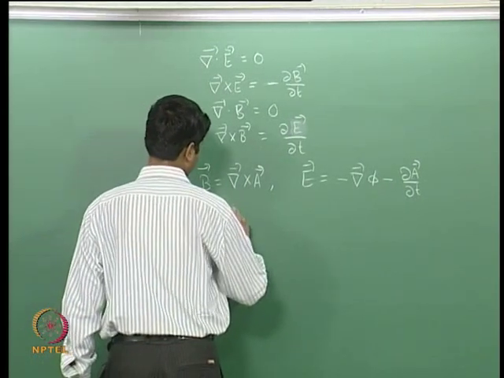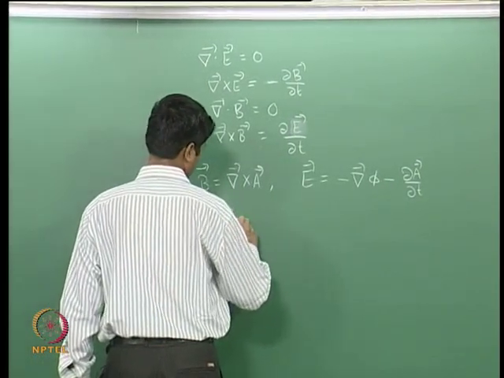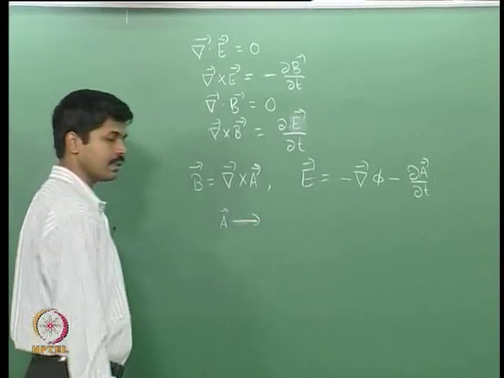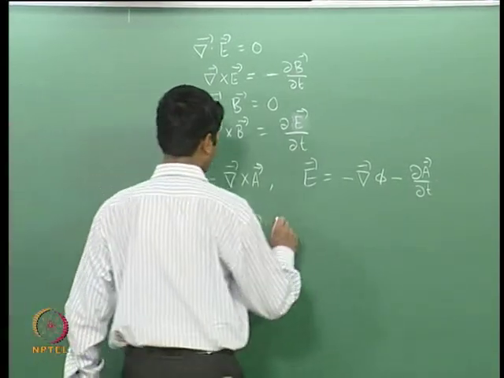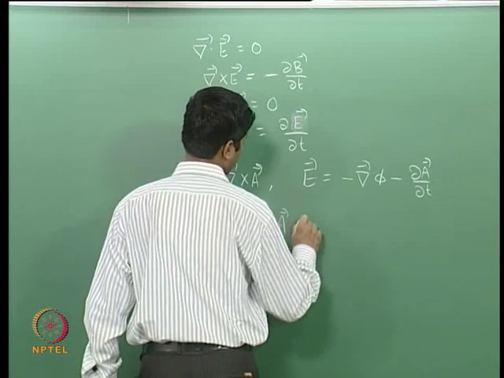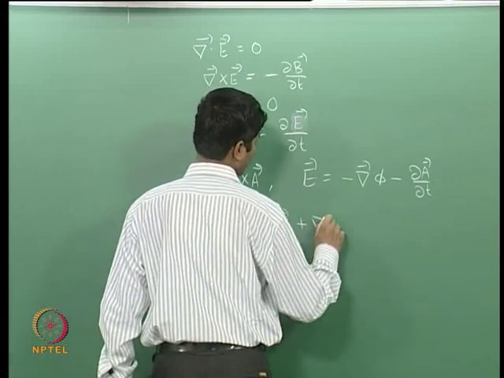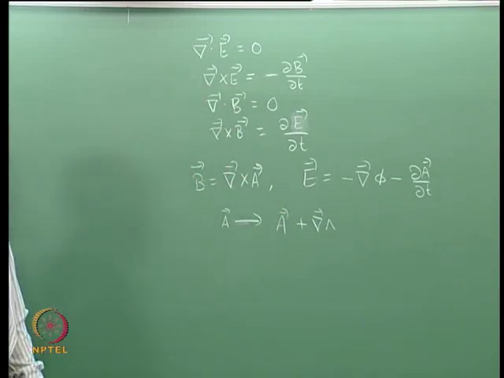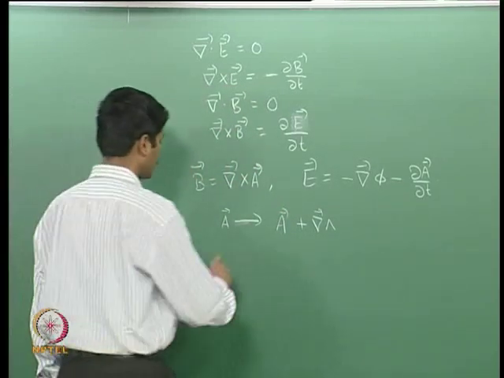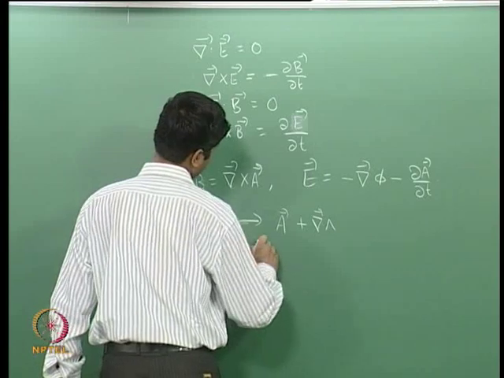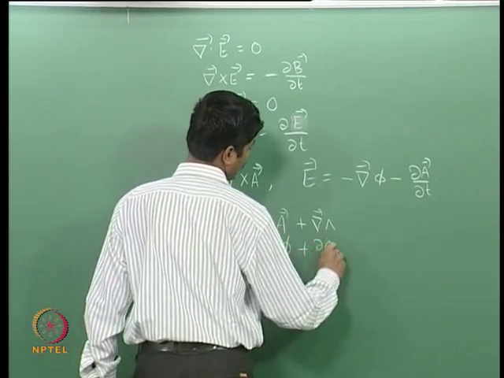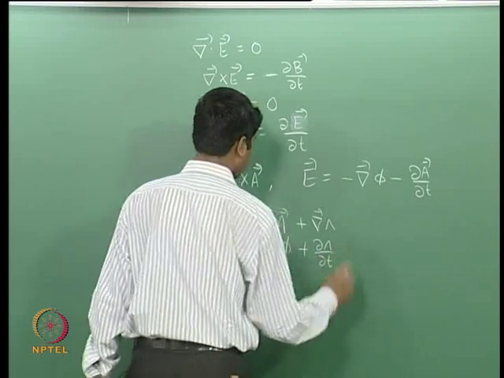The gauge transformation says that the vector potential A goes to A plus some gradient of lambda, whereas the scalar potential phi goes to phi plus del lambda over del t.